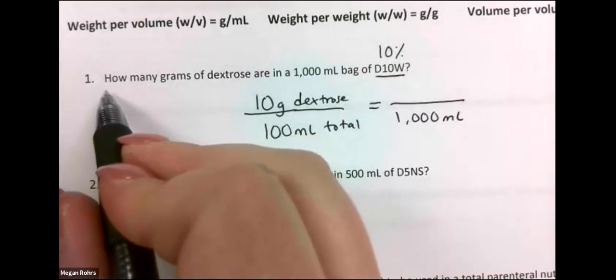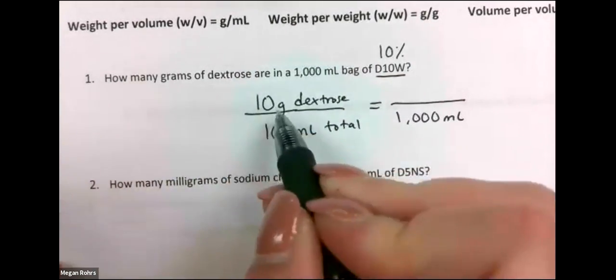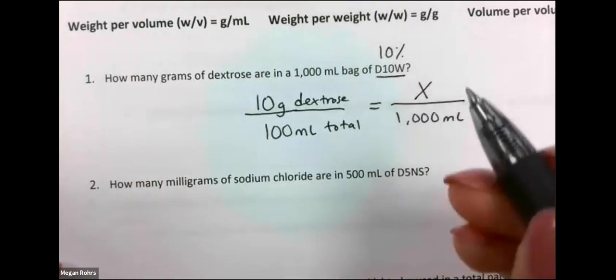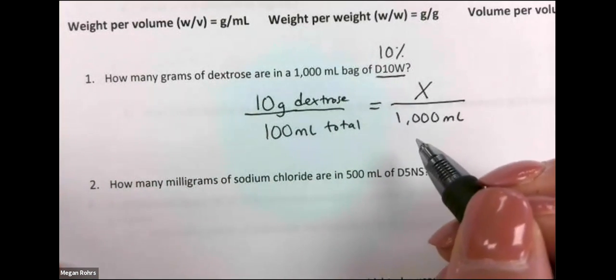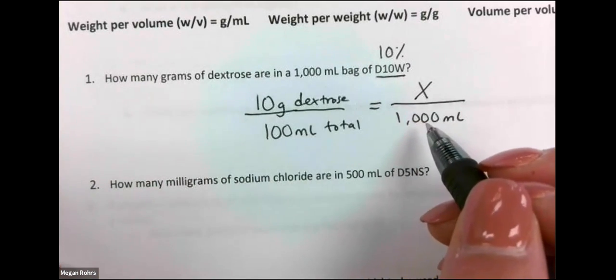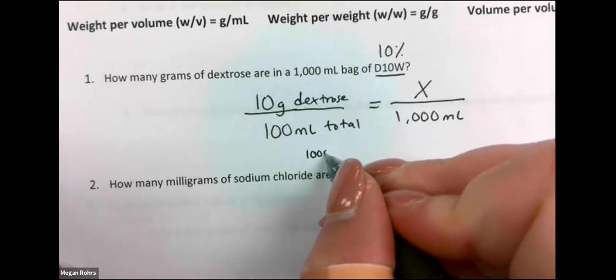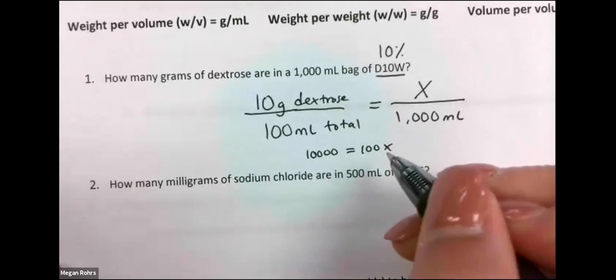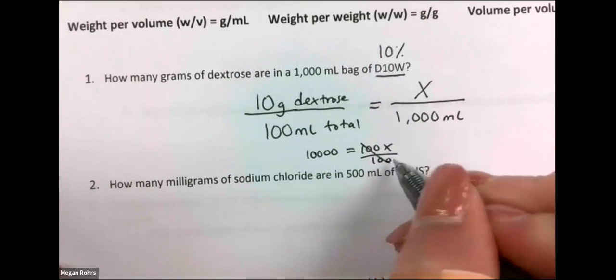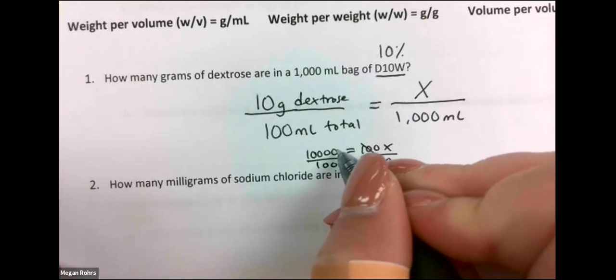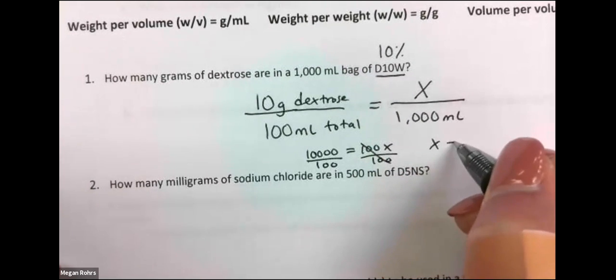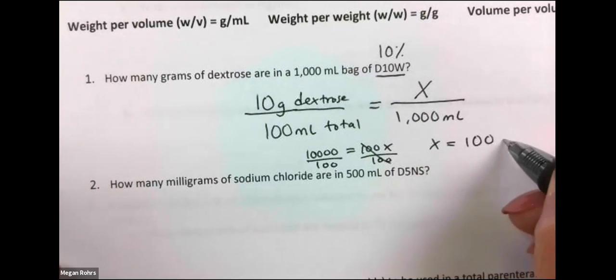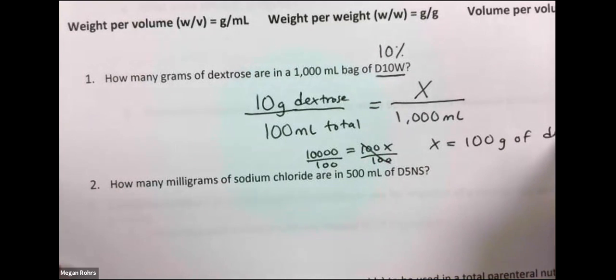I'm solving for how many grams of dextrose, which would be on top. Cross multiply here, 10 times 1,000 would be 10,000 equals 100x. We're going to divide by 100, and that leaves me with 100 grams of dextrose.